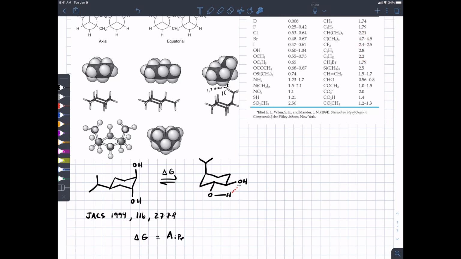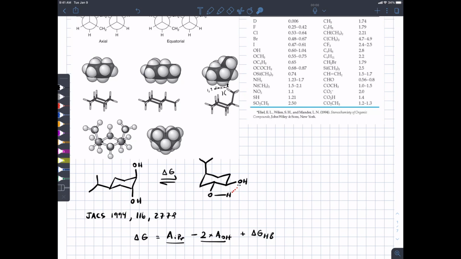And that's uphill in free energy because you're going from equatorial to axial. And then he subtracted 2 times the A value of the OH group because you were going from axial to equatorial. And he reasoned that whatever was left might be the energy of a hydrogen bond. So by measuring this free energy or equilibrium constant and then subtracting this term for the change in A values, he could come up with how much the hydrogen bond was worth.